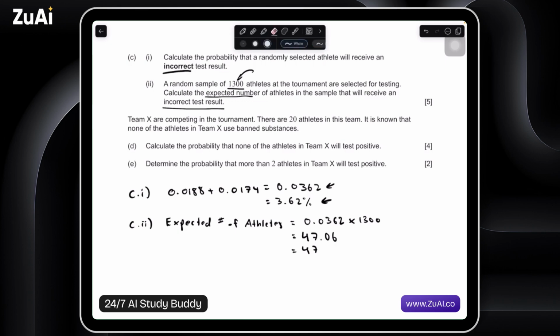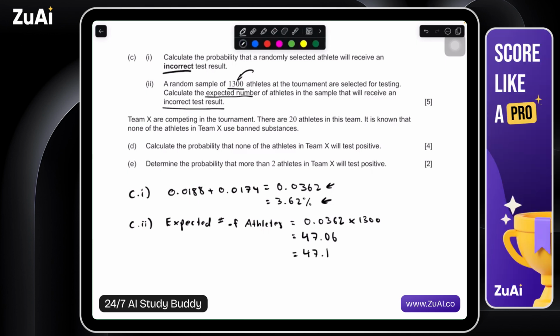For expected value, actually, unless they ask us to round to the nearest athlete, we would generally put to 3 sig figs. Just looking here, they don't ask us to round to the nearest. So 47.1.